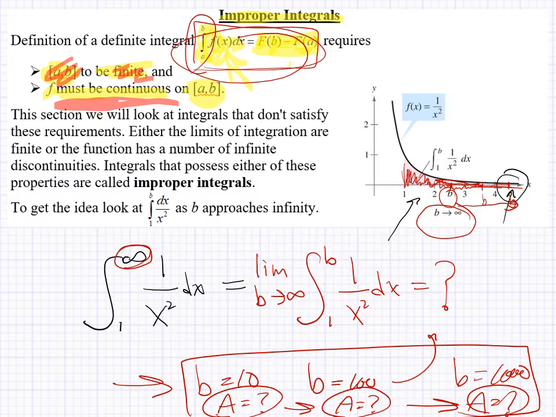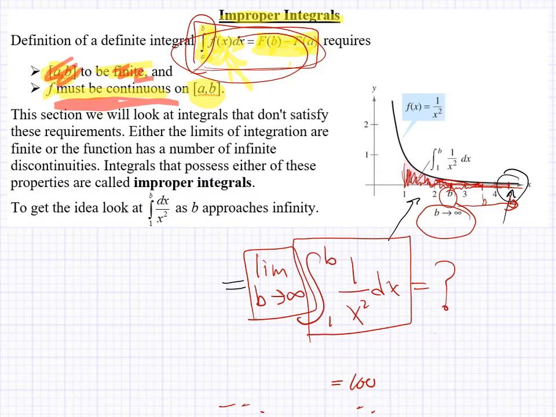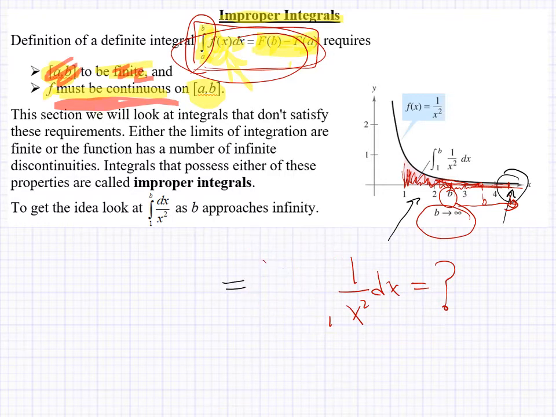Rather than do multiple integrals and look at the answers I'm going to get for different b values, I just do the integral from 1 to b and leave b general, and then after I do that integral, let b go to infinity with a limit, that should give me the answer for this integral. So this is how we're going to get this thing done, essentially what I just explained, and you'll see how it's done in practice.